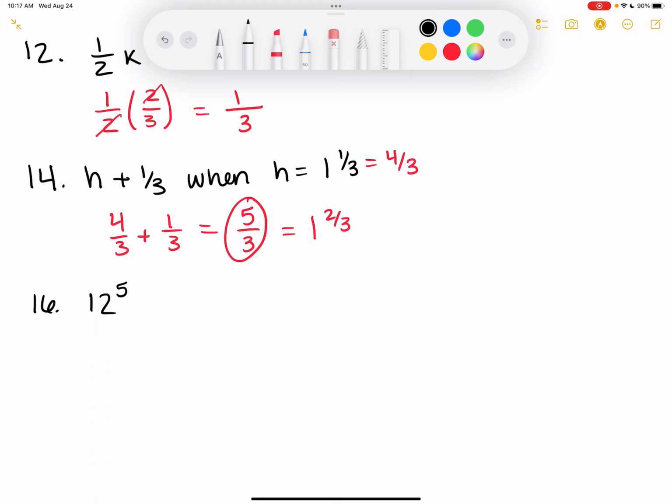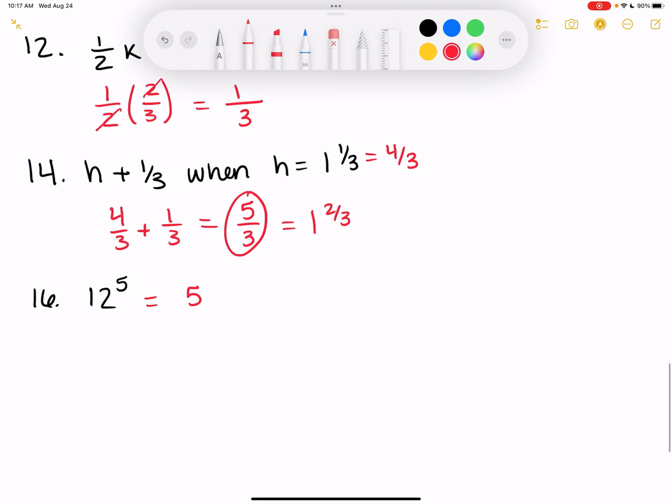You don't actually need to write that part. So how many 12s do I have? 5. So you're going to have 12 times 12 times 12 times 12 times 12, and that's all you have to do for those ones.